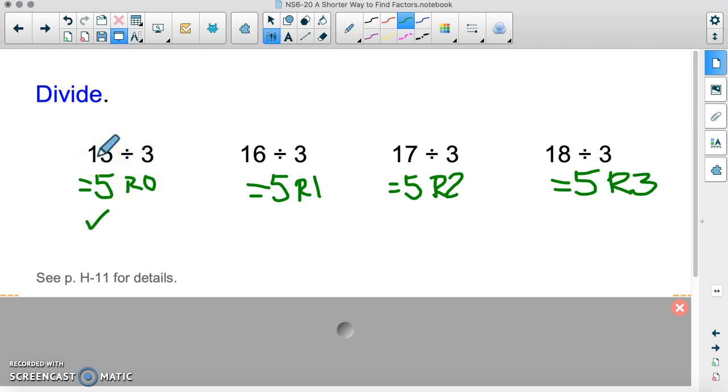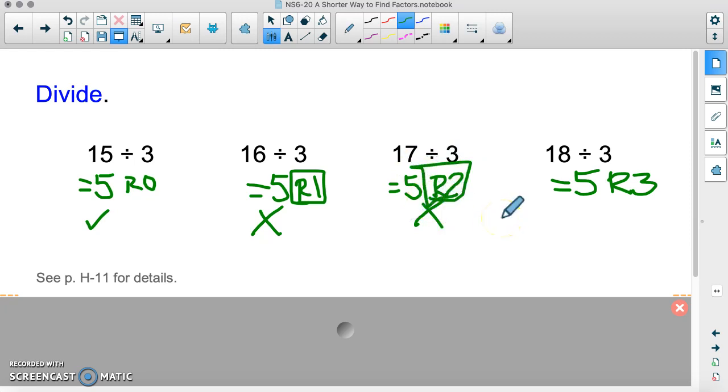There's no remainders. Are 3 or the number 5 factors of 16? The answer is no, because there is a remainder of 1. Are 3 and 5 factors of 17? The answer is going to be no, because there's a remainder of 2.